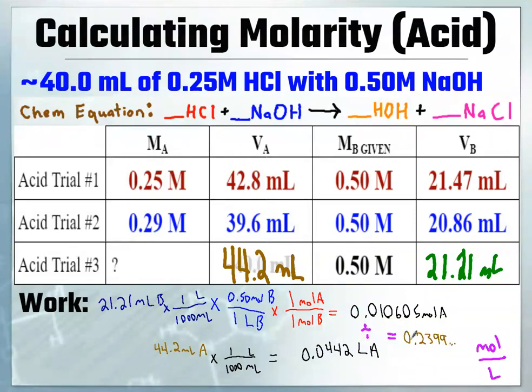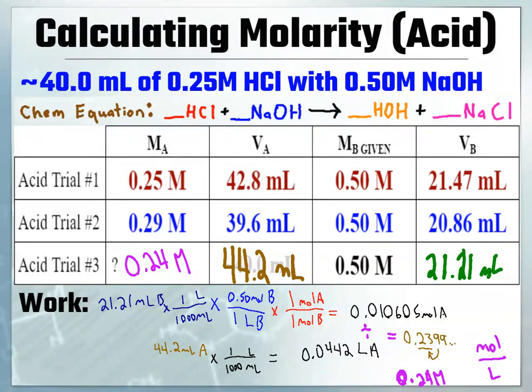This 0 is a placeholder, so these two are significant. The 9 will round it up, which gives me my final answer of 0.24 moles per liter, or 0.24 molar. This is going to be important for what I do later.